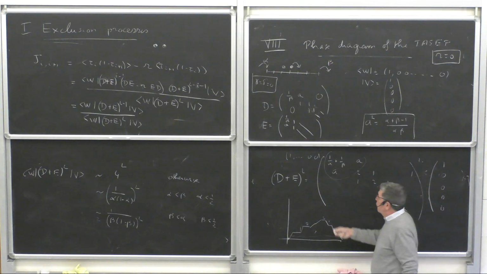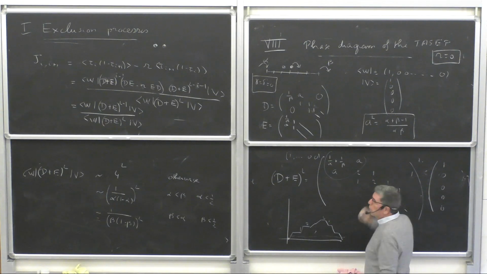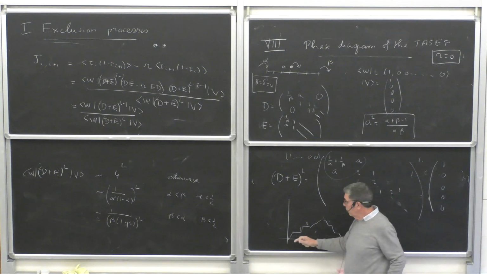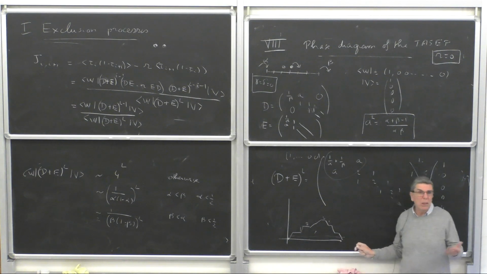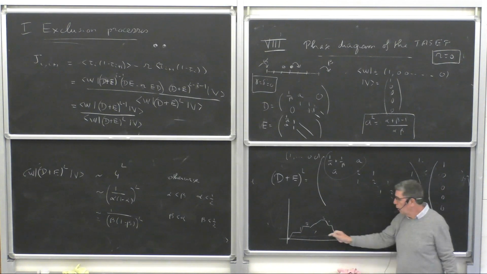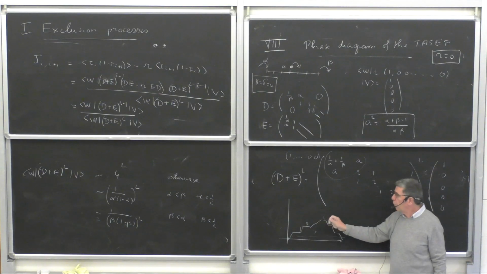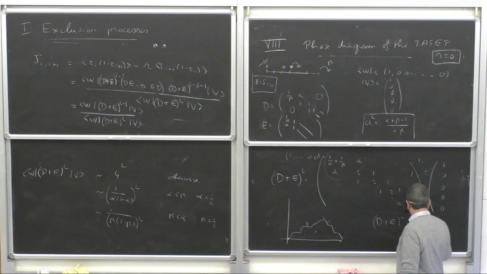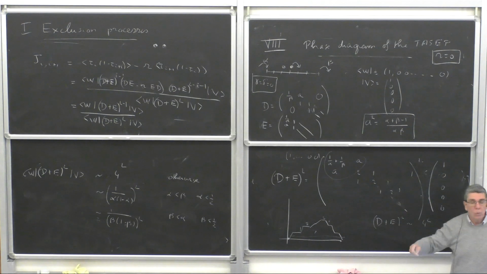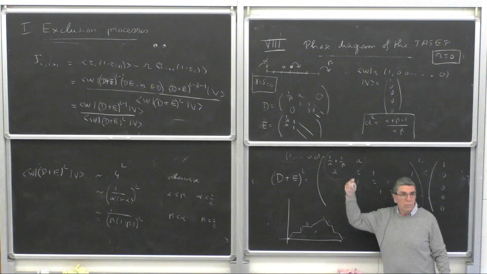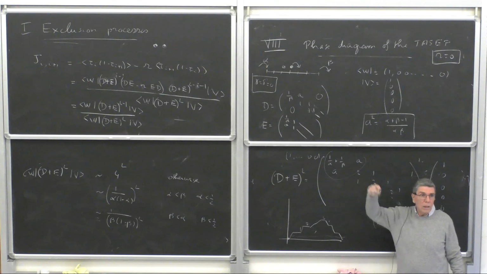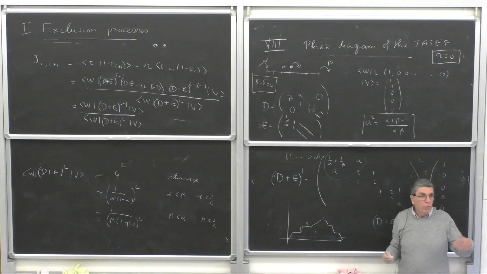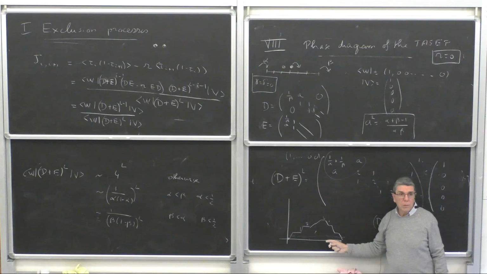Maybe the sum over all possible walks will be dominated by walks which do not come often near the origin, maybe 2, 3, 4 times. And therefore D plus E to the L will grow like 4 to the L, because if it is far away, it makes a step horizontal, up or down, so there are 4 possibilities.